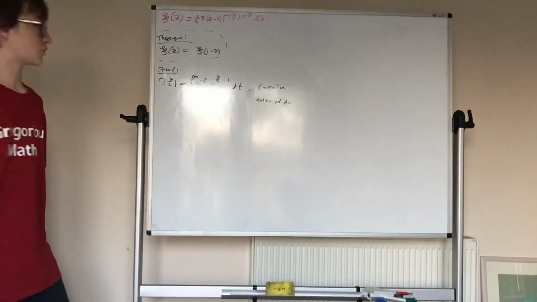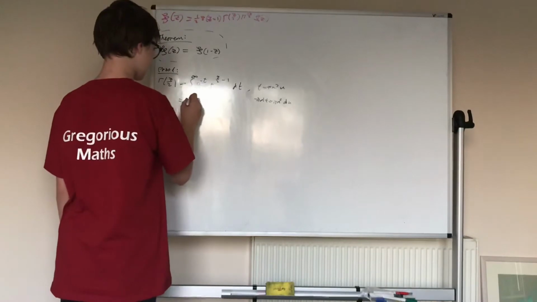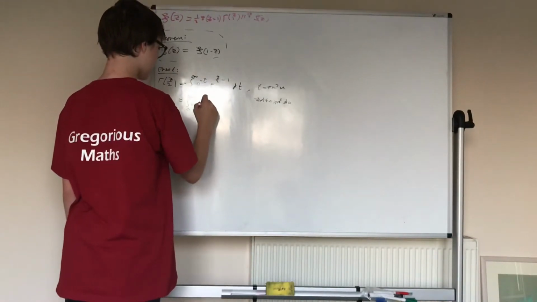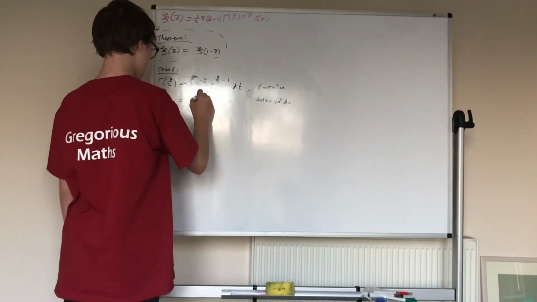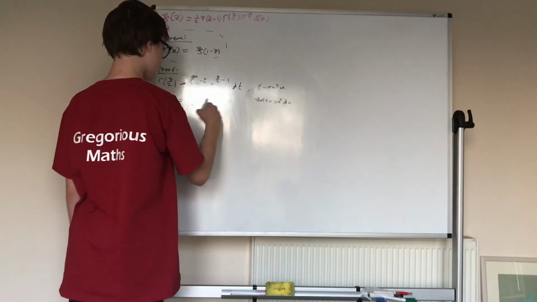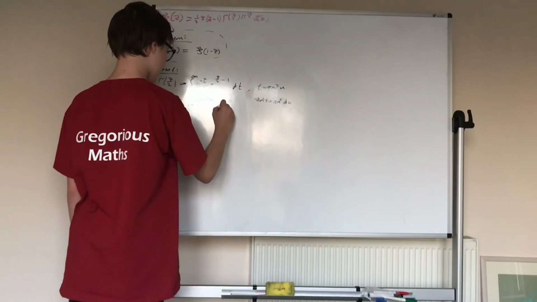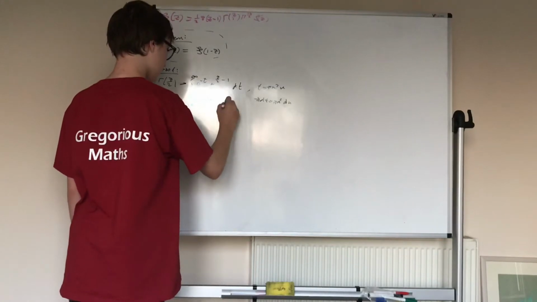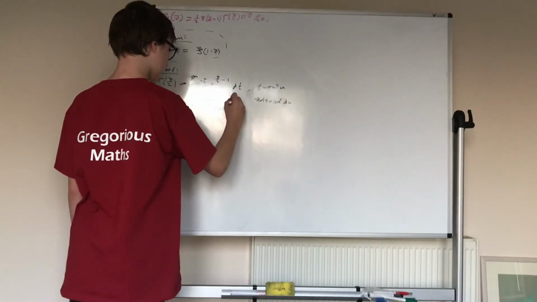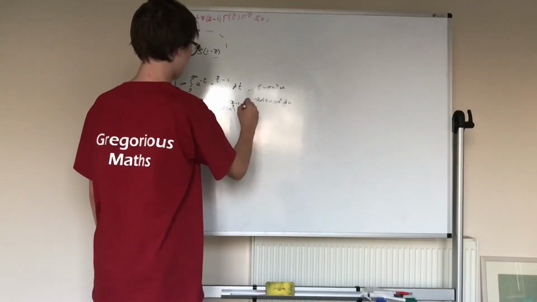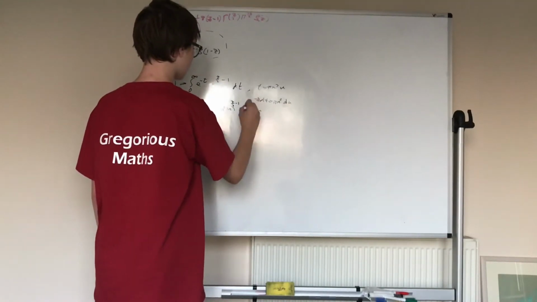Now the boundaries don't change, and we're going to get that this equals the integral between 0 and infinity of e to the negative pi n squared u, times pi n squared u to the z over 2 minus 1, times dt, which is pi n squared du.